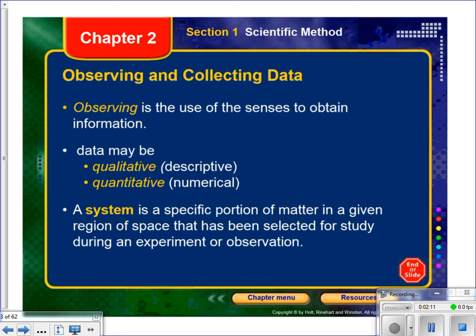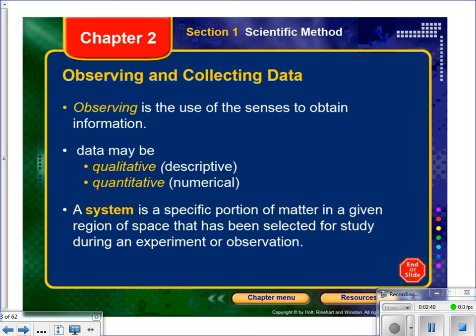A system. This is the specific area that we're looking at for our test, for our observation. So maybe for a dissection, you've cut open your frog, but you're only going to look at the nervous system. You're not studying anything else. There are several other parts of the frog, but all you're going to look at is the nervous system, just that one section.